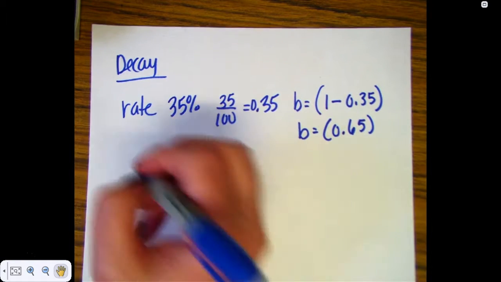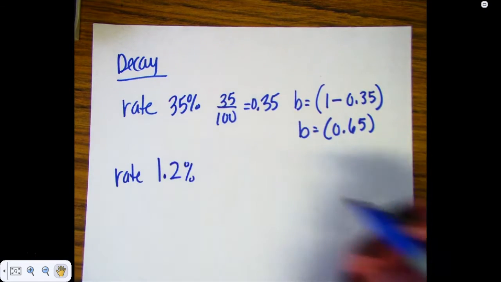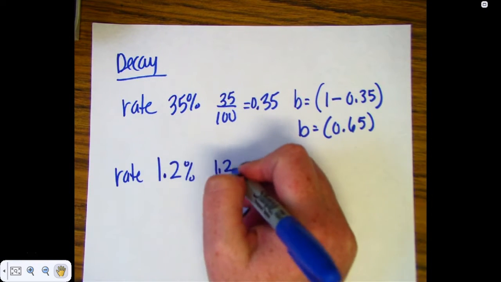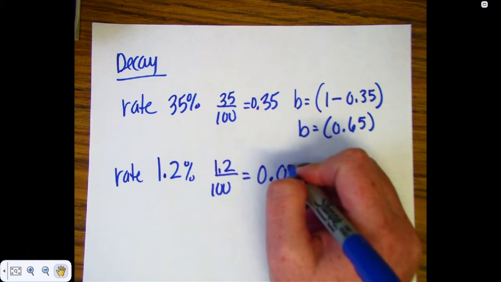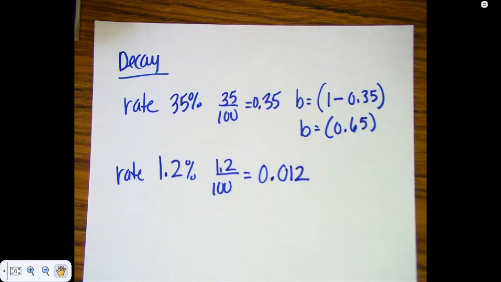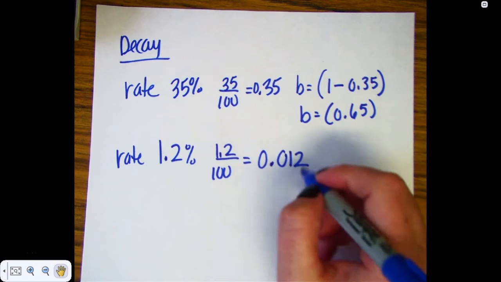All right, now let's say my rate is 1.2%. I take 1.2, I divide it by 100, that leaves me with 0.012. Again, I'm not really sure where some of you are coming up with these numbers, but I think what you need to do is put them in your calculator.